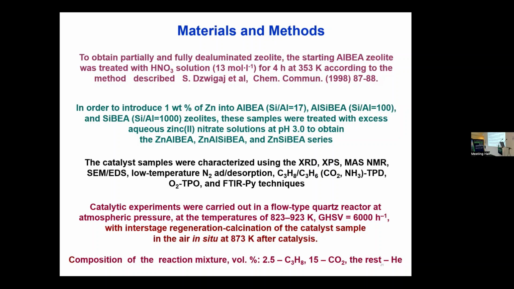So we form Zn Al-beta, Zn Si-beta. This means that in this case we have a Si/Al ratio of 17. In this case, the Si/Al ratio is 100. In this case, the Si/Al ratio is 1000.